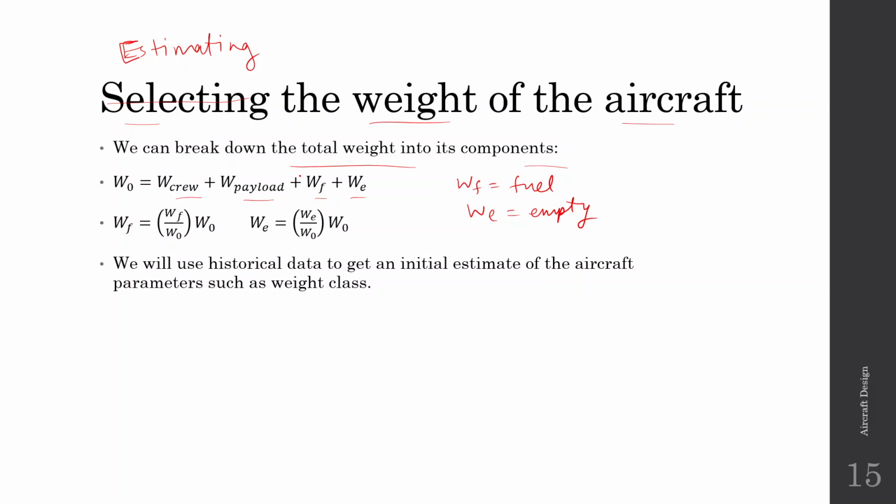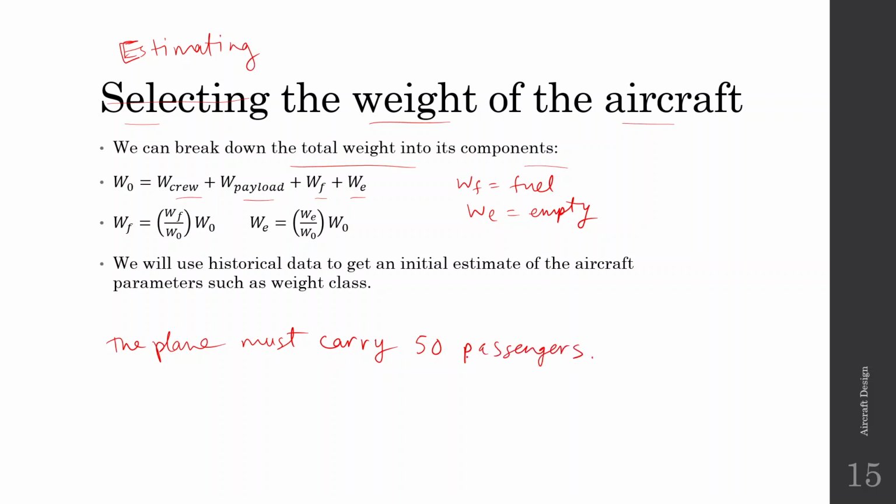Okay. Now for crew and payload weight, we can get those weights from the requirements itself, because your requirements will have something like this: the plane must carry 50 passengers.